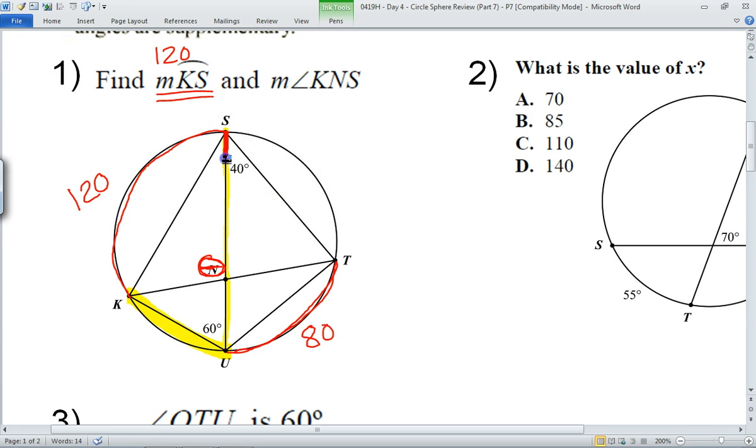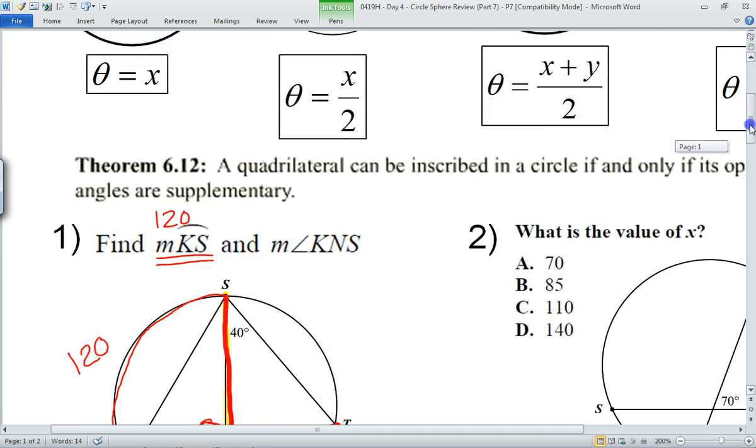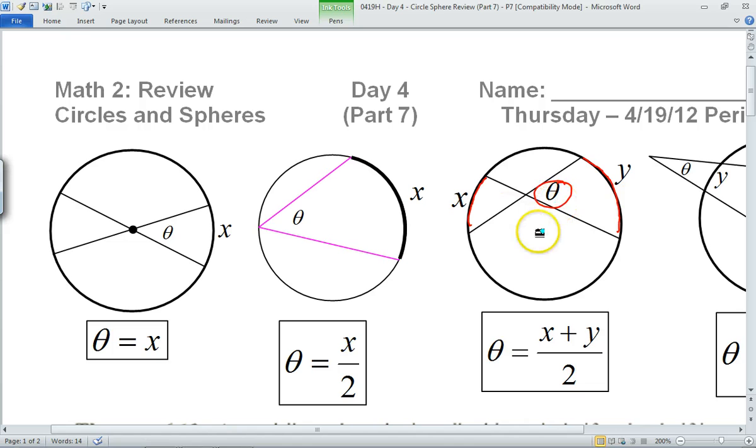Now, listen to what Clara said. Clara said, hey guys, look at this X in here. Focusing on that X right there, can you see that this is just this third situation where we have angle inside but not at the center, and then we have two arcs that go with it. So we're going to use the old angle equals arc plus arc divided by 2 formula.